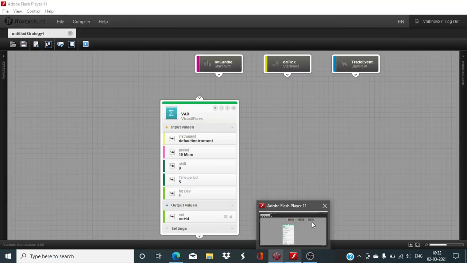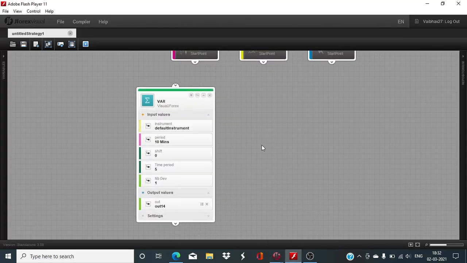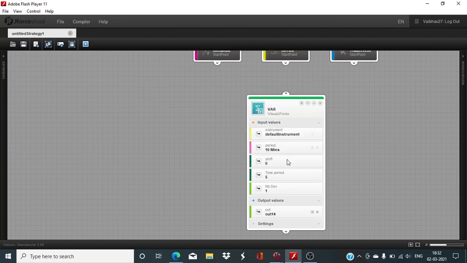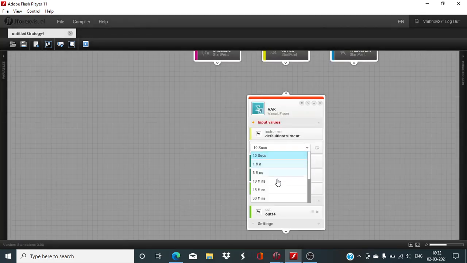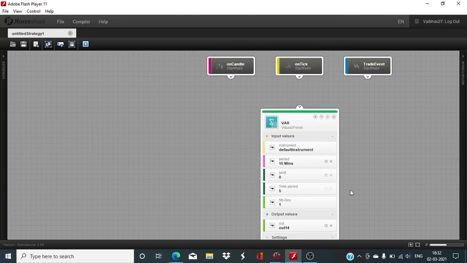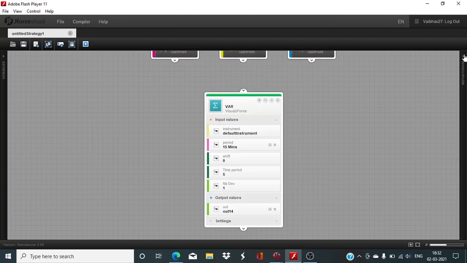Now we head back to the Visual Jforex board. We will need a couple of variance blocks of 15 minutes each, as we are working on a shorter time frame. So the 15 minutes, and one more will be needed.